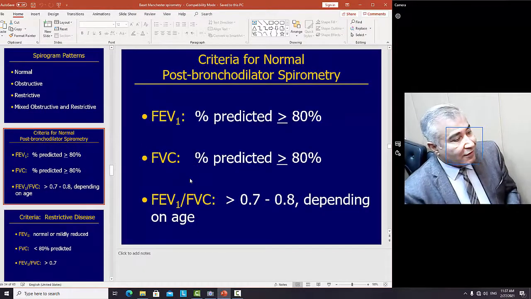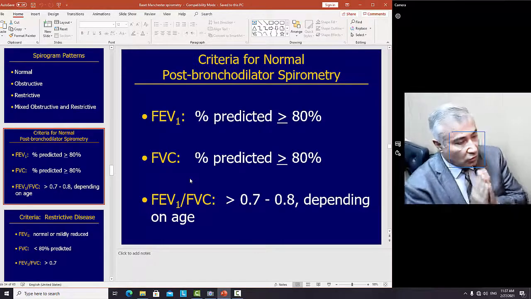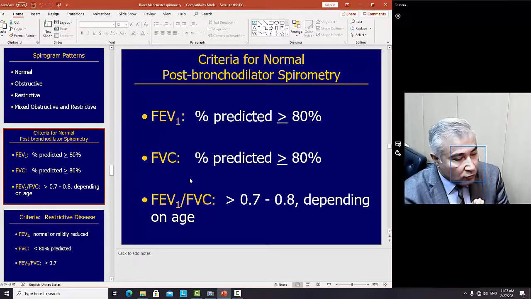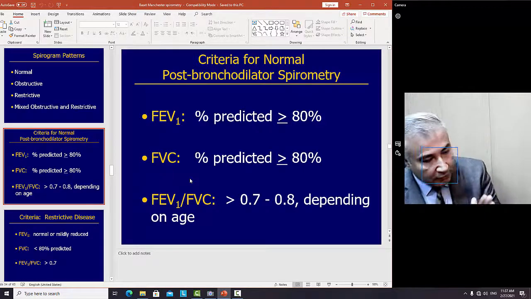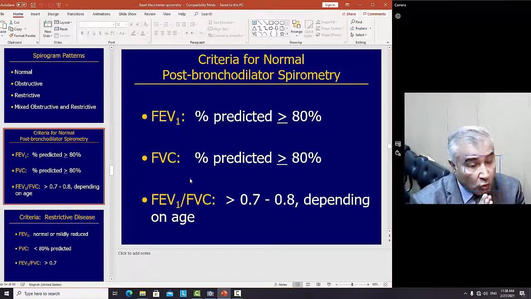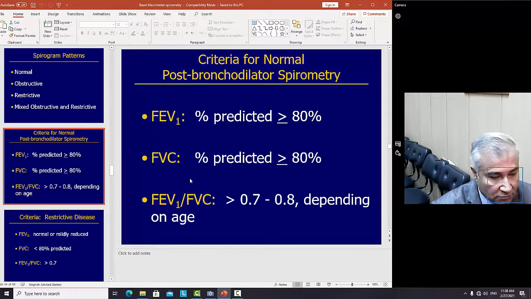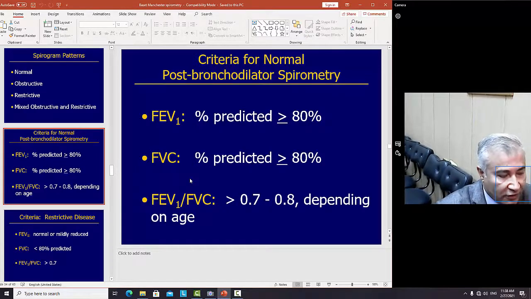So, the criteria for a normal post-bronchodilator spirometry: you must know all the values should be normal between 80% and 120%, except the ratio, the division of FEV1 by forced vital capacity.